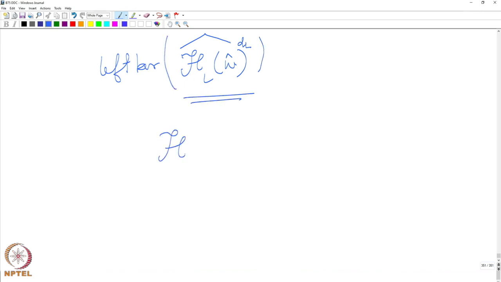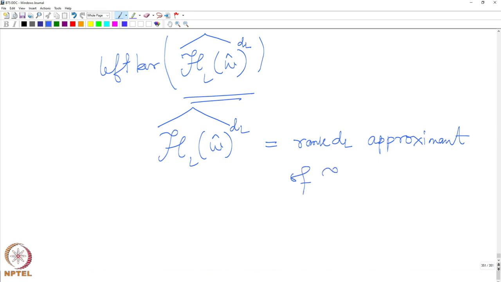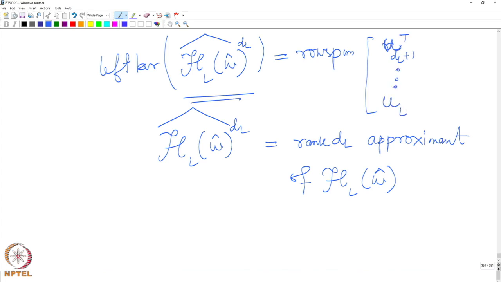I mean by this HL W hat DL, this is the rank DL approximate, best possible approximate of HL W hat, and this left kernel is given by the row span of the matrix that we constructed, U DL plus 1 transpose dot dot dot U L plus 1 times Q transpose. Okay, is it all right?